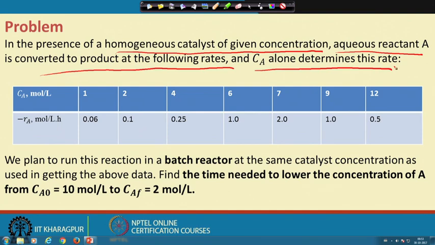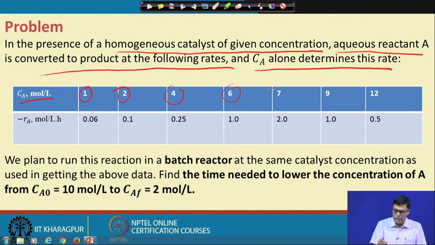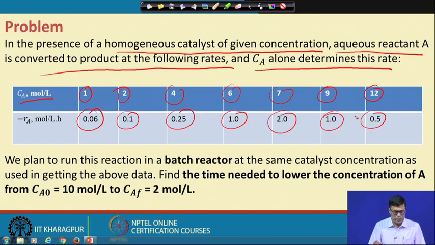So, what I want to know is, at different Ca values, that is 1, 2, 4, 6, 7, 9 and 12, what is the rate of the reaction. This is in a particular CSTR, and in a batch process they find out the different rates.